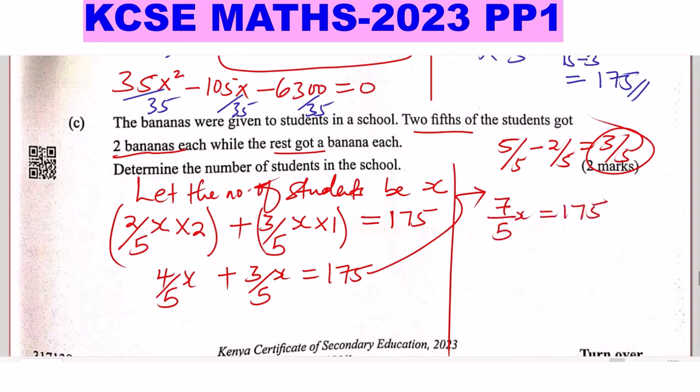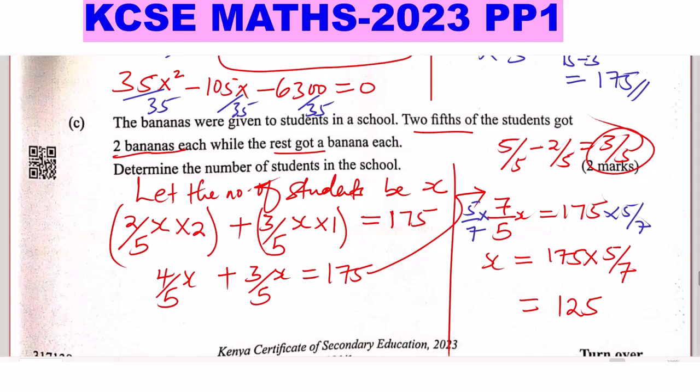You want to remain with x, to make x the subject, multiply both sides by the reciprocal of 7/5, which is 5/7. So x will be 175 times 5/7, and this will give 125 students. So that is the number of students in the school.